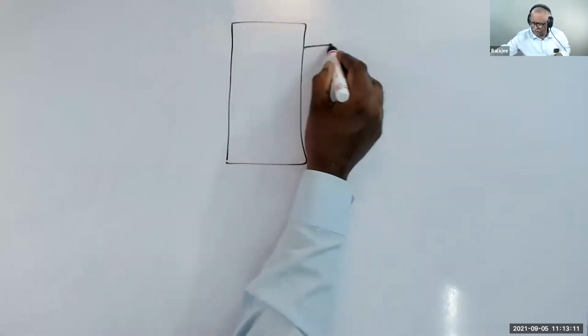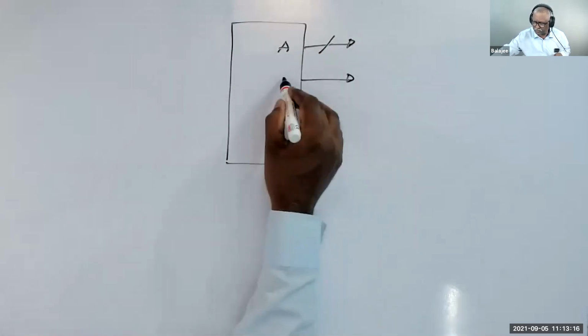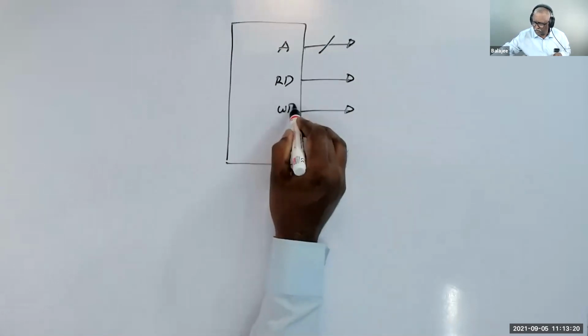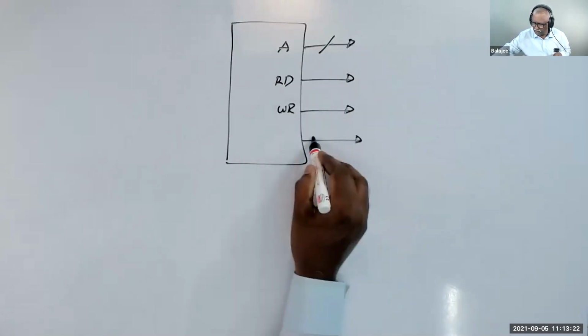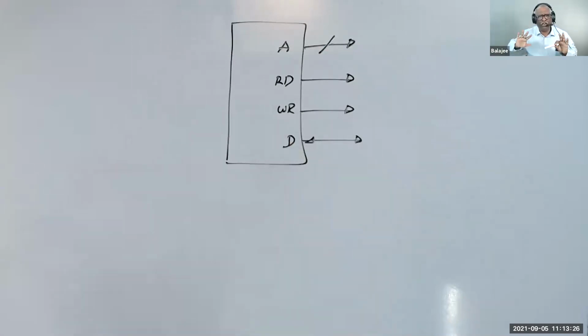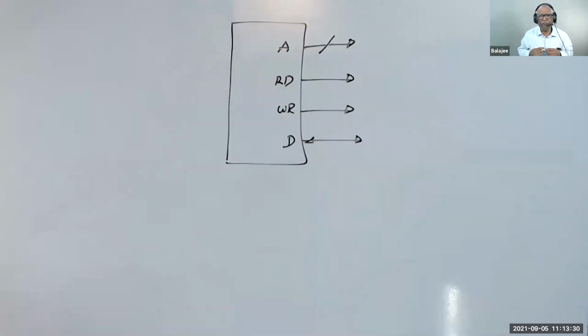It has address lines. It has read. It has write. It has data. That's all. Nothing more than that. Every microprocessor talks to the external world only with this. Nothing more than that.